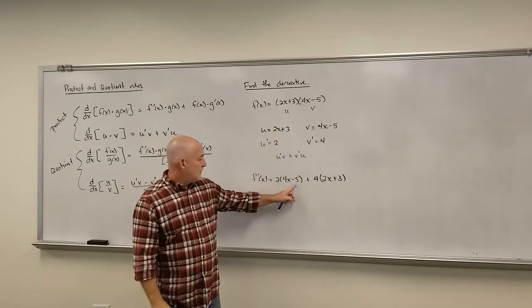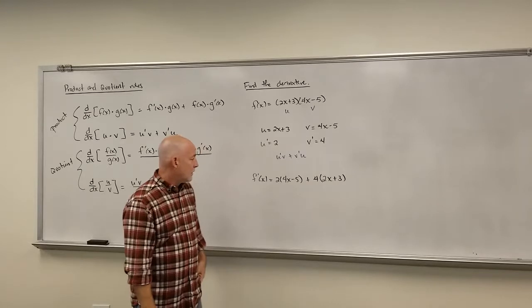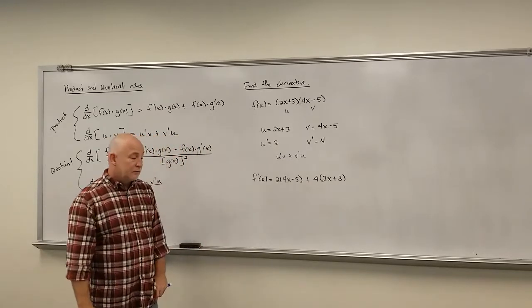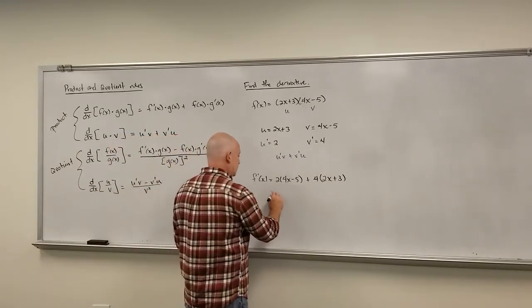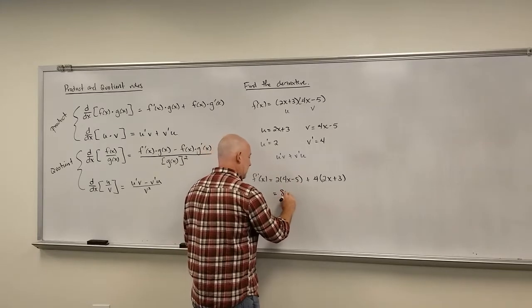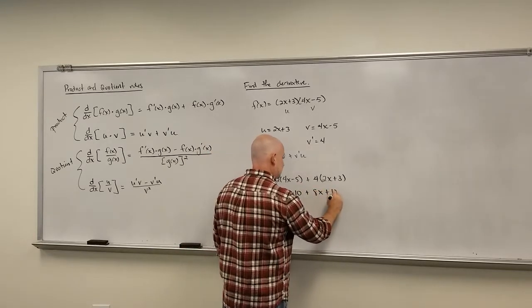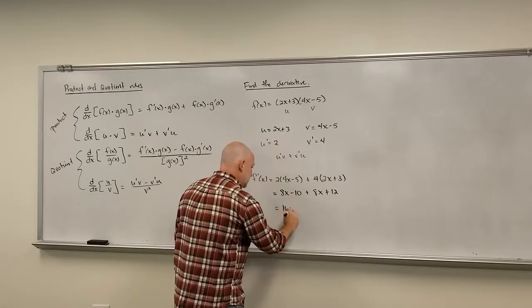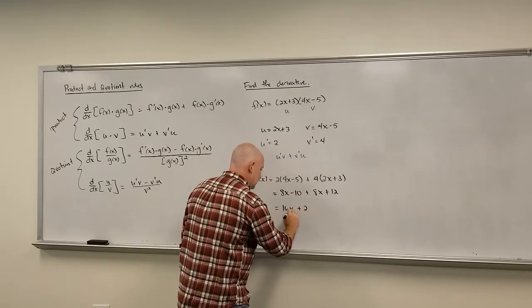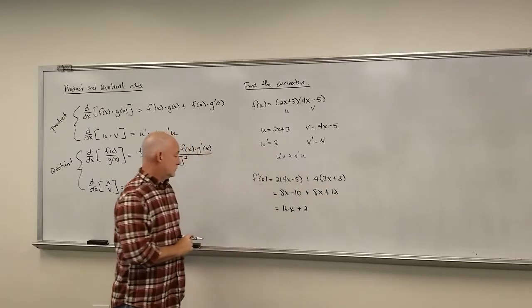So u prime v plus v prime u. Now at this stage, the author is going to try to simplify this, and I'm going to show you. So let's go ahead and distribute. It gives me 8x minus 10 plus 8x plus 12, or 16x plus 2.